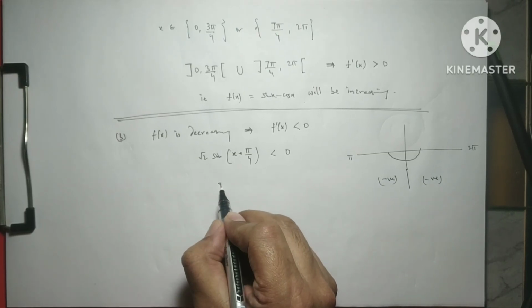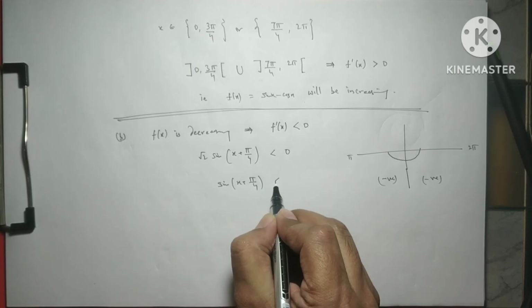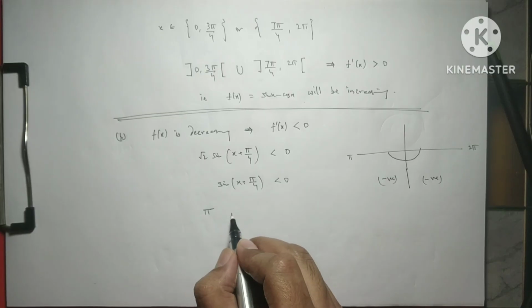It means sin of x plus pi by 4 less than 0, or you can say it should be in between pi to 2 pi.